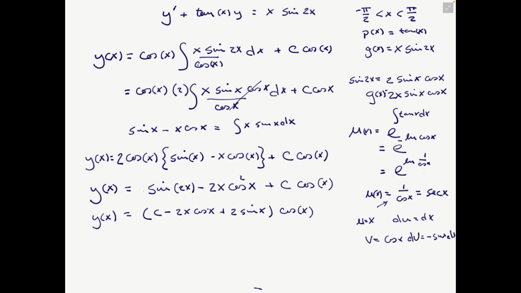I'm not quite sure that their form is necessarily superior to mine. I guess it's smaller in terms of its order, in the sense that I've got a cosine squared in my answer, but that's the only thing.